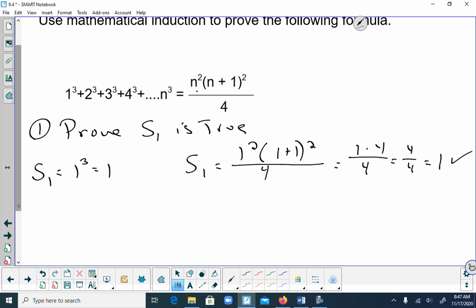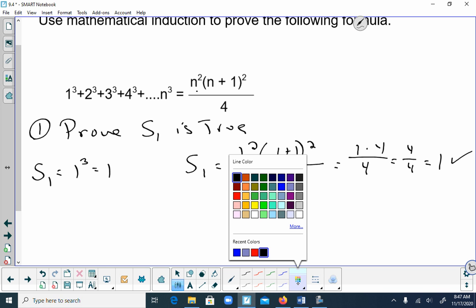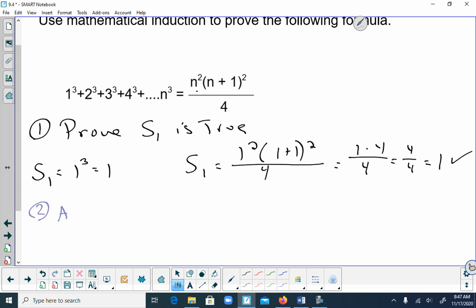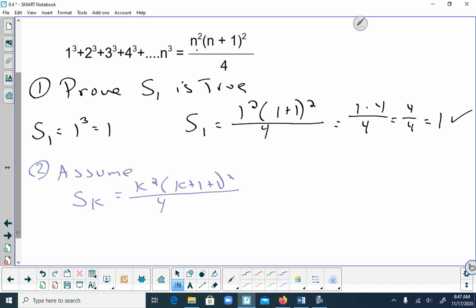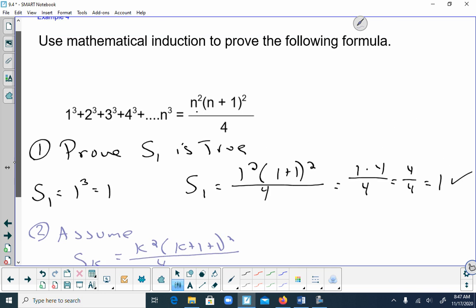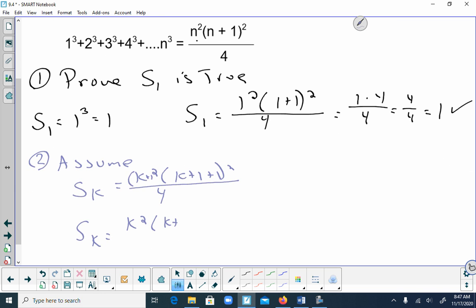The next thing I'm going to do is assume that the sum of k is equal to k squared times (k plus 1) squared over 4 is true. Oh, wait.